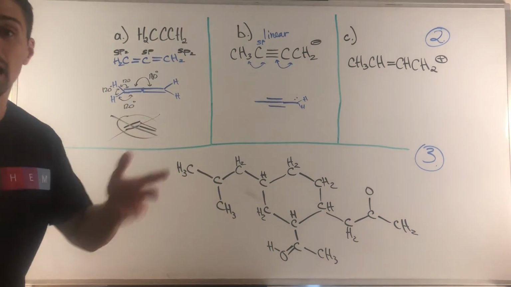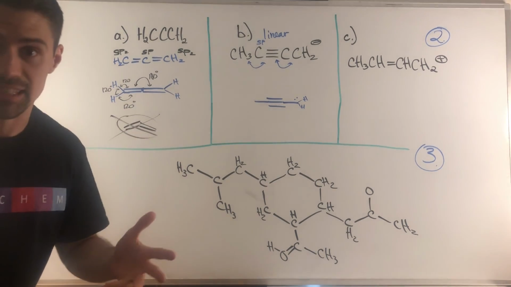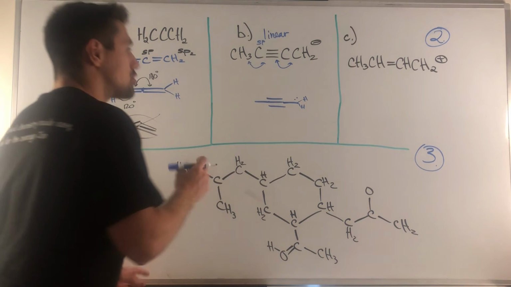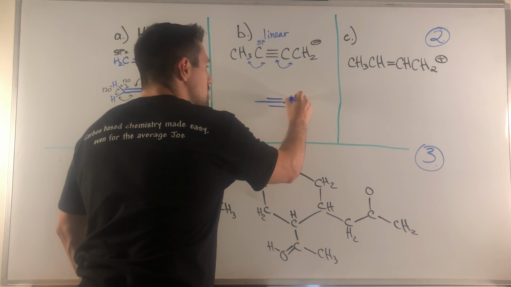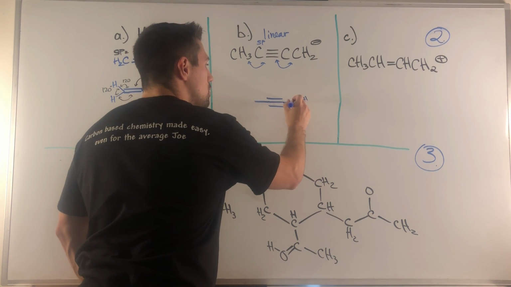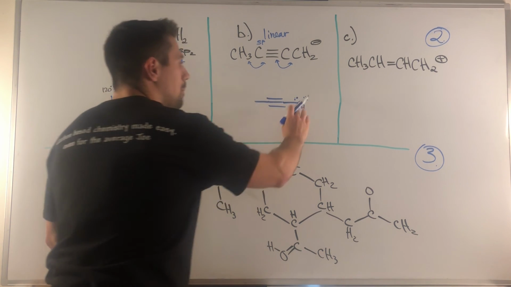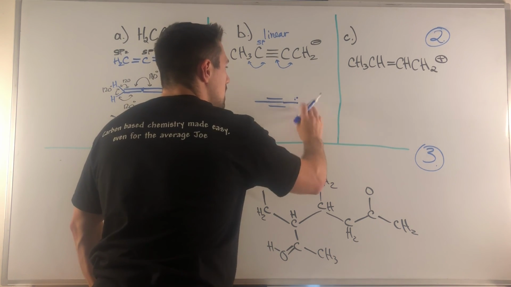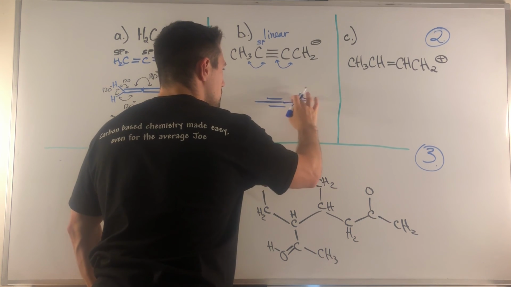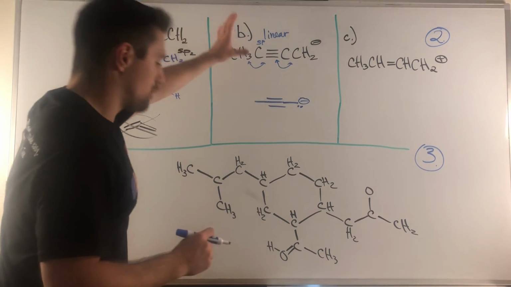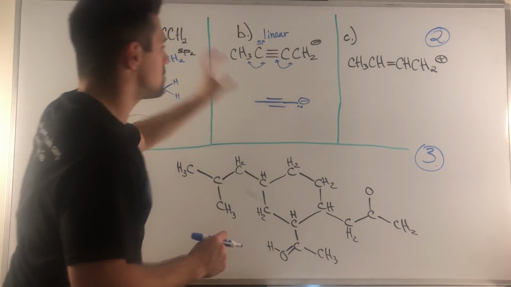I need to reflect that a carbanion exists, right? Negative carbon, anion. So if I give a lone pair to this carbon right here, that means 1, 2, 3, 4, 5. It has a full octet because 2, 4, 6, 8. But by giving it the lone pair, it has a negative formal charge. Let me clean some of that up. That is how we would translate this from molecular form to bond line.